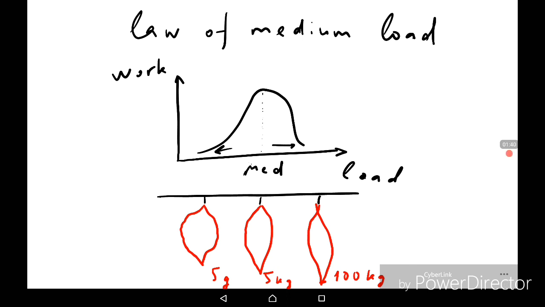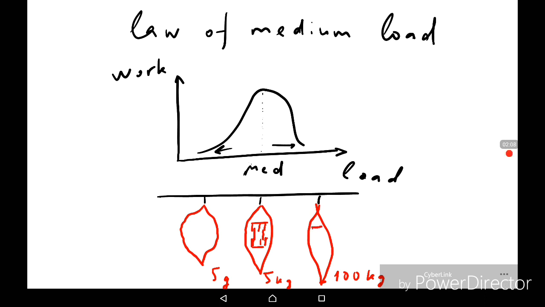So let's look at the sarcomere. At the medium load, the position of thin and thick filaments is optimal for myosin heads to attach to actin and produce cross bridges.